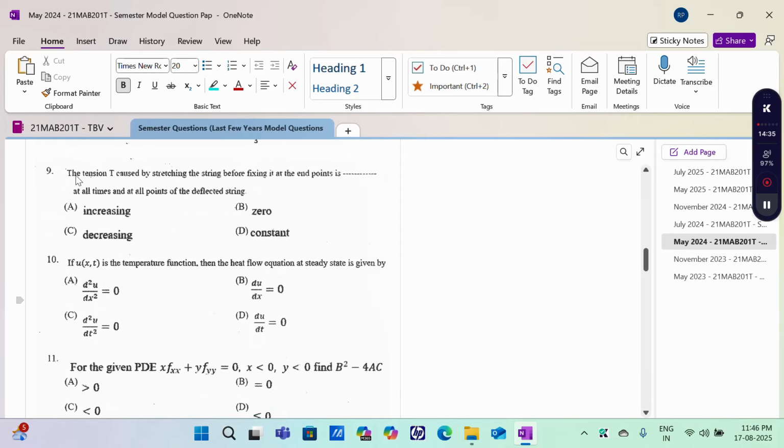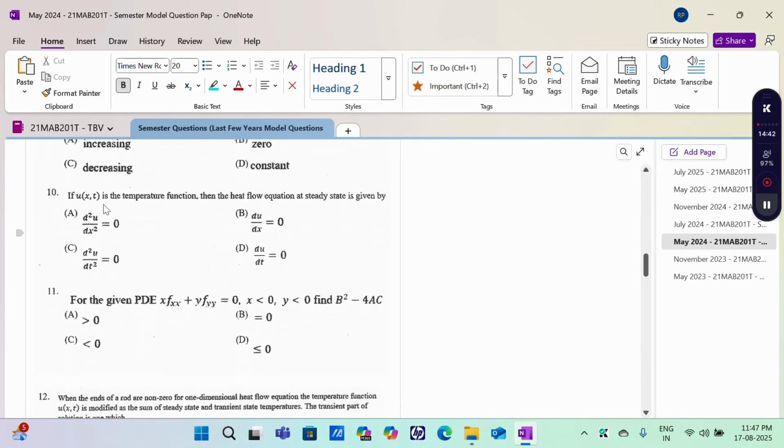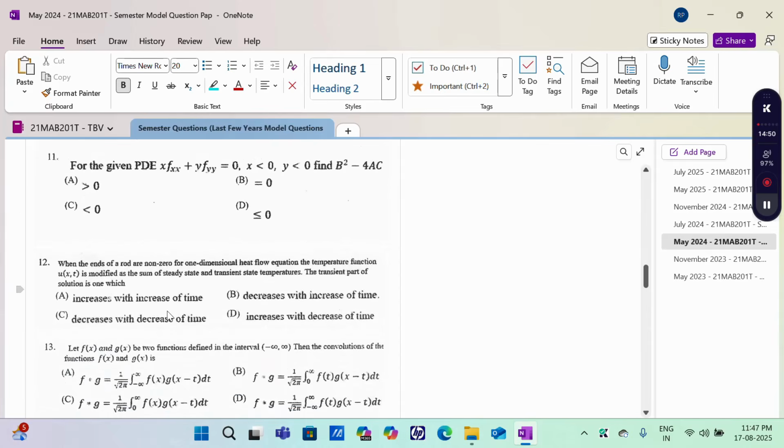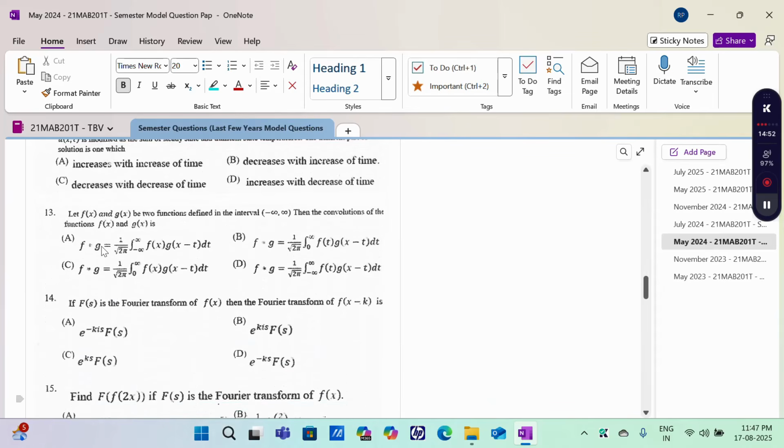Then Unit 3, application of partial differential equations, 9th question to 12th question. This is a one dimensional heat equation. This is an application. So now is a classification of PDE. And the 13th to 16th questions are Unit 4, Fourier transform.